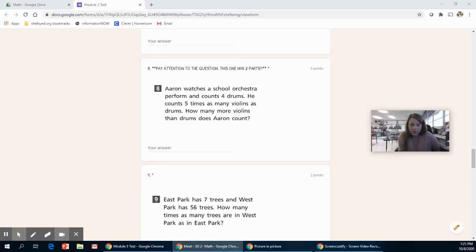He counts 4 drums, and he counts 5 times as many violins as drums. He's going to have a lot more violins.